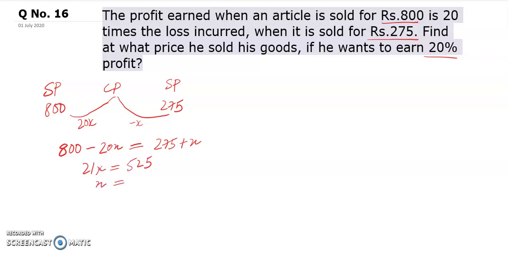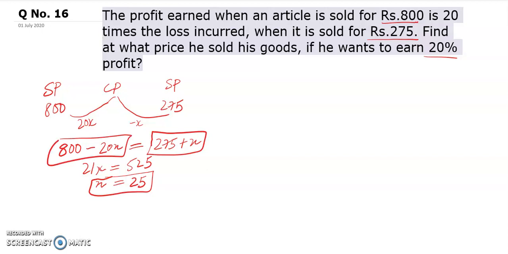So our X will be 525 divided by 21, which gives us 25. So X is 25. Now to find the CP, we can use either equation because both are the same. So our CP will be 275 plus X, 25. So 275 plus 25 is 300.